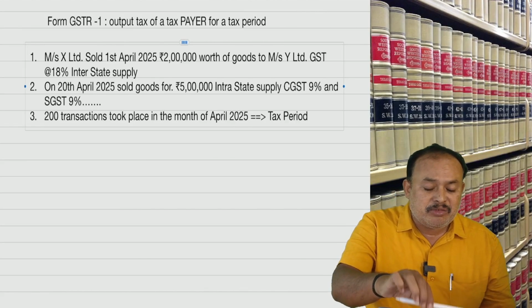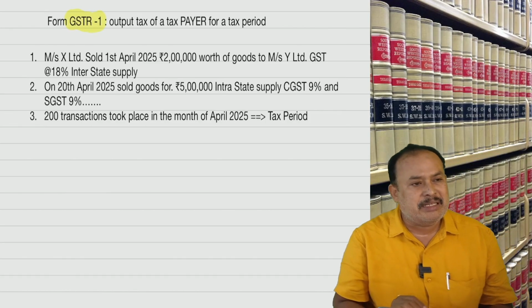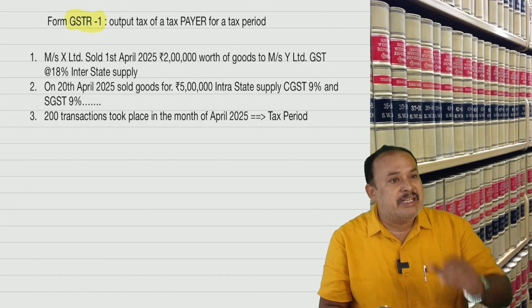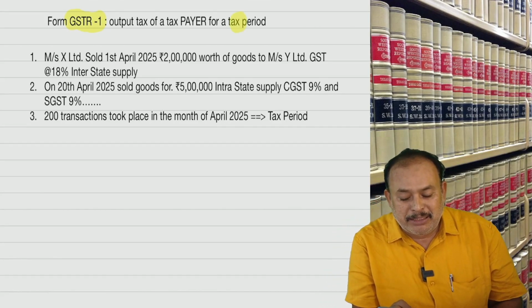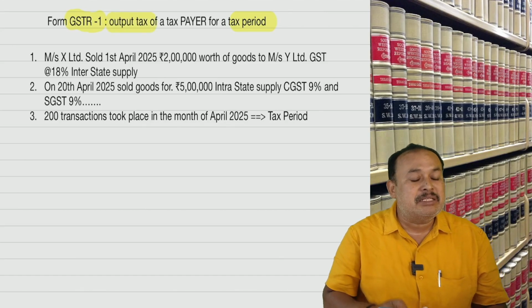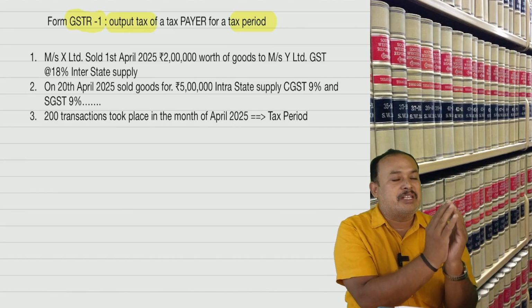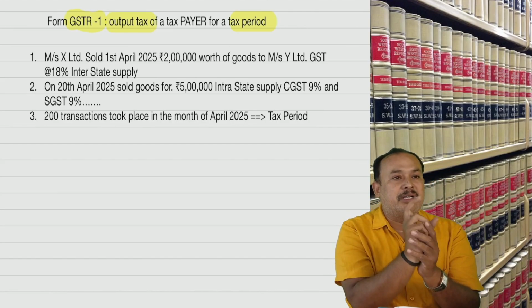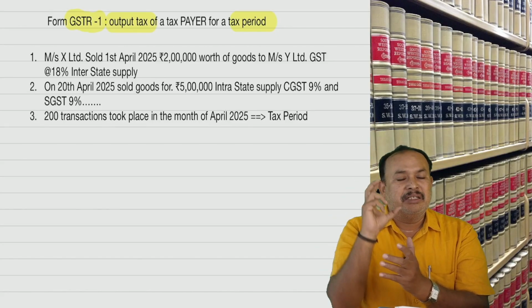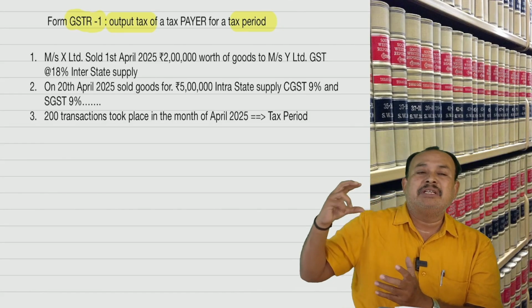In the GSTR-1 return, a monthly return for the tax period of April, I have to show the output tax. That means I have to enter outward supply serial number 1, invoice number, invoice date, the GST number of the buyer, thereafter the description, the name of the buyer, then the value, and the GST.